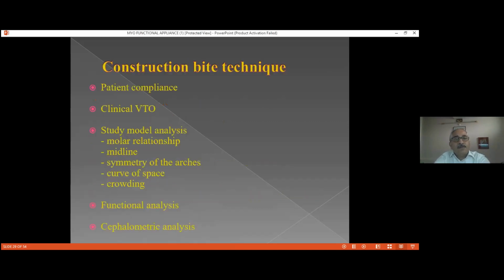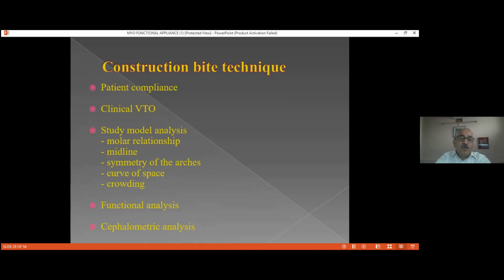Now, for the construction of the bite, patient compliance is very important. Apart from that, a clinical VTO testing should be done beforehand. Before the construction of the bite, the patient has to be motivated, calmed, and practiced for construction of a bite. Now, we need the study models and a model analysis.